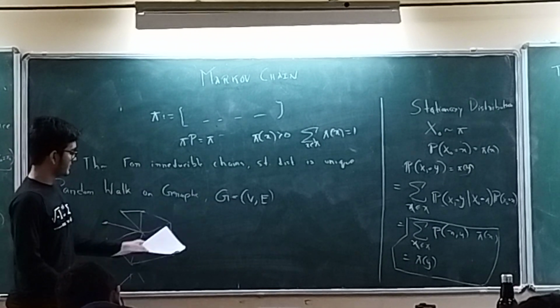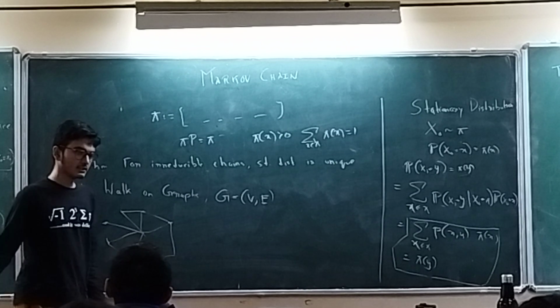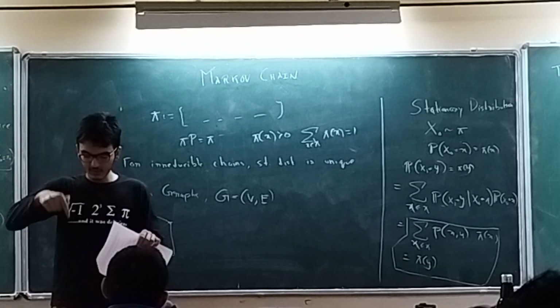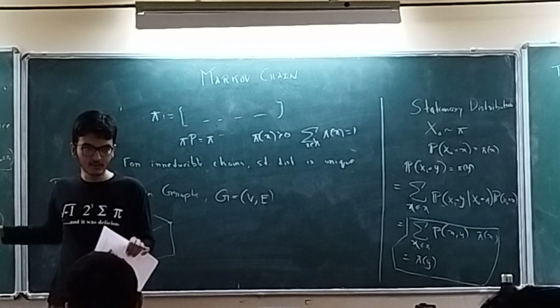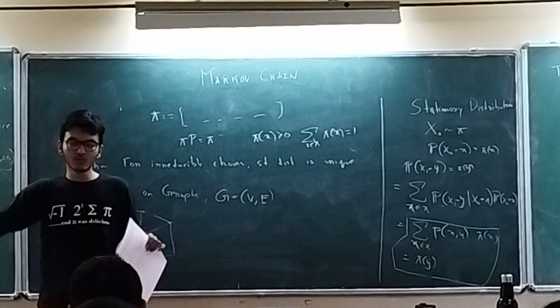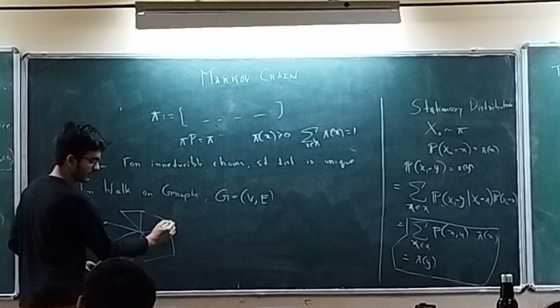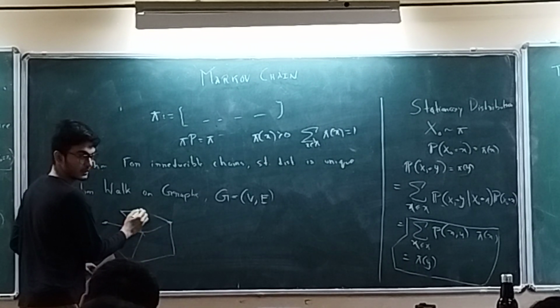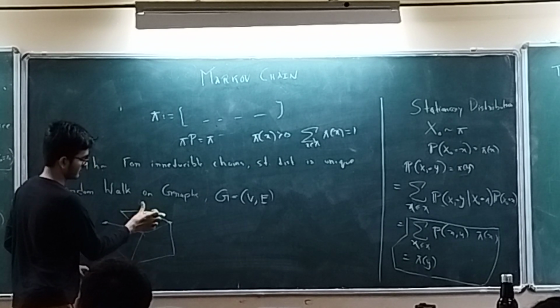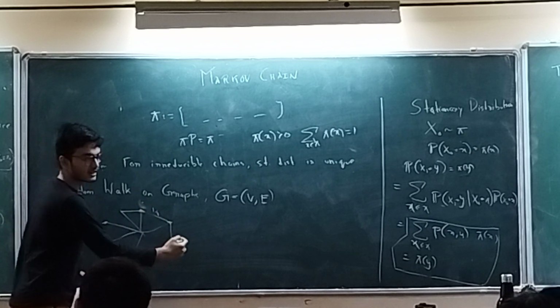And a person is sitting in one of the vertices and he starts walking through the edges. He is looking at the adjacent vertices and randomly choosing one of them to move to. If he is sitting here, he can move here with probability 1/3, because there are 3 and he chooses uniformly among them.